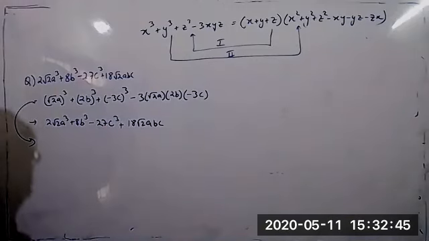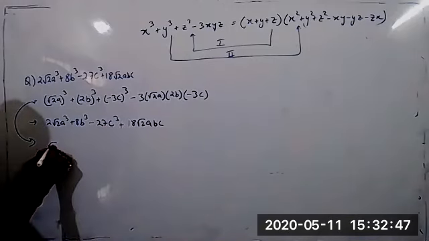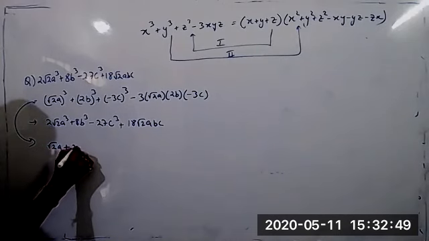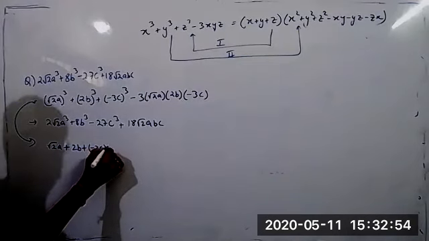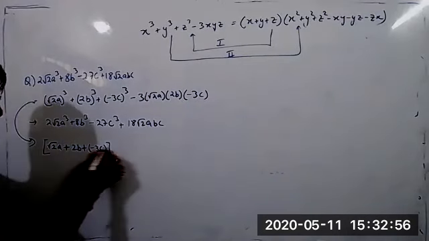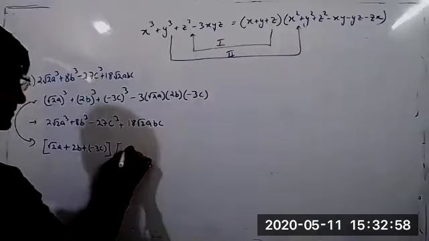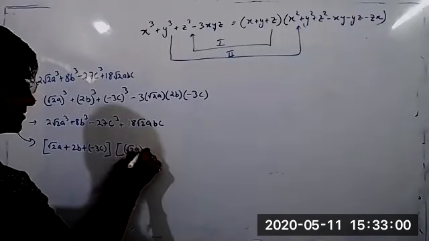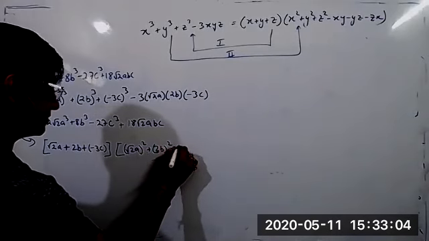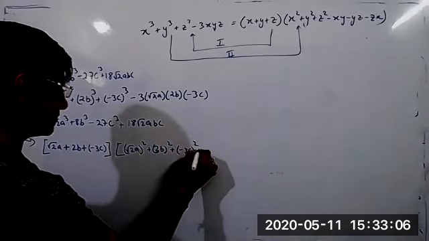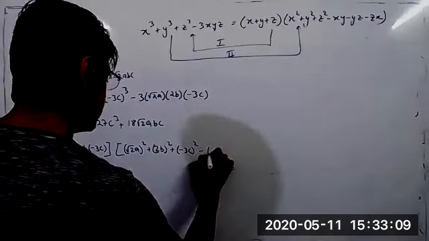So it will become root 2a plus 2b minus 3c, then under root 2a square plus 2b square. Is what I'm writing correct? Yes, sir.